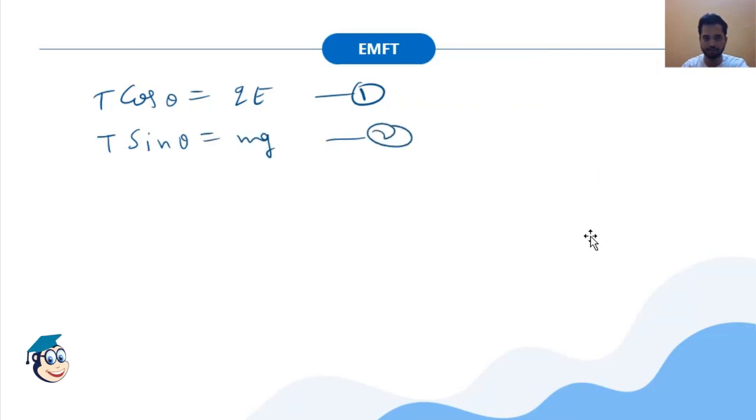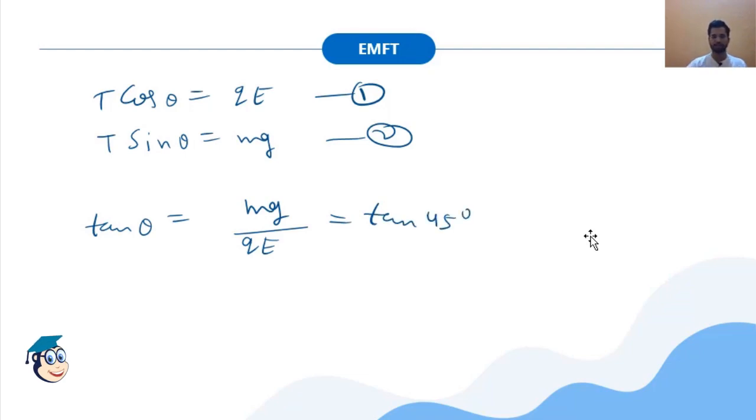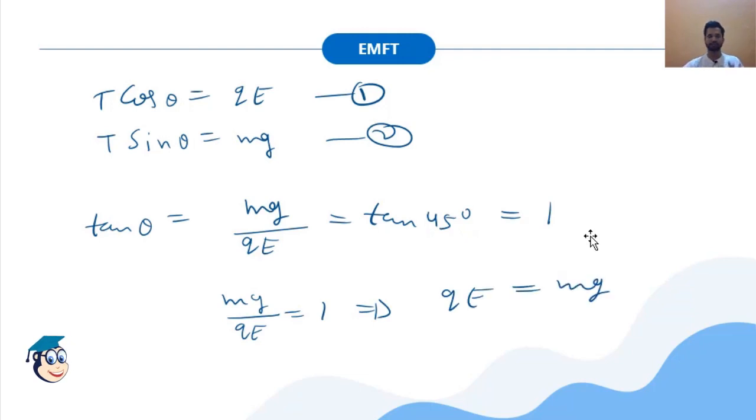This is equation 2. Now you can divide equation 2 by 1 and you will get tan theta equal to mg divided by qE. But tan theta is nothing but tan 45, as the thread is inclined at 45 degrees, which is 1. So mg divided by qE must be equal to 1, which implies qE is equal to mg.